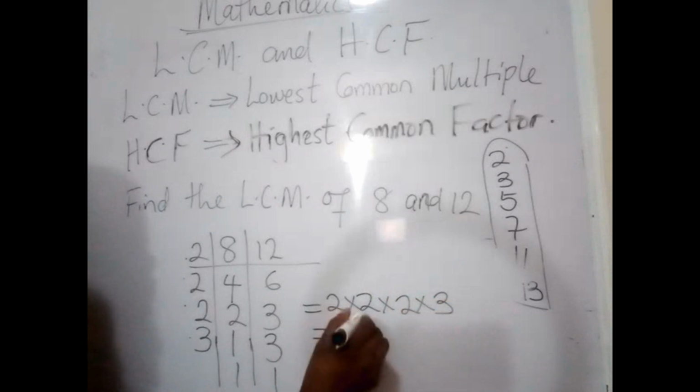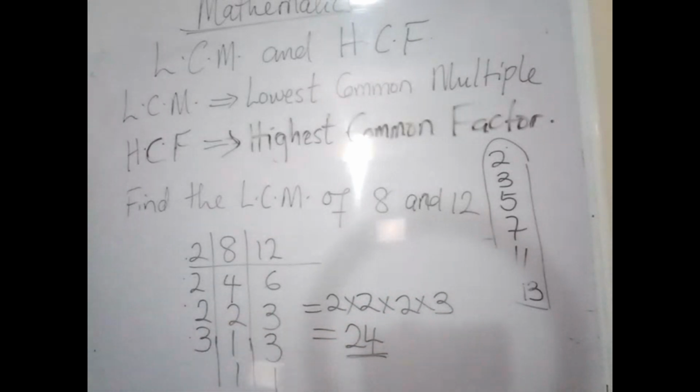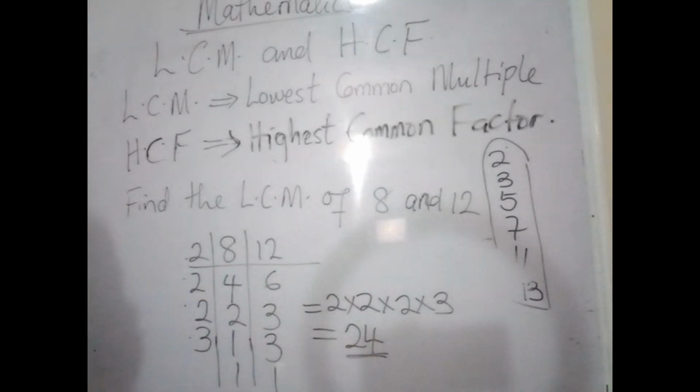So we have 2 times 2 is 4, times 2 is 8, times 3 is 24. You remember when we used the prime factorization method to find the LCM of these two numbers, 8 and 12, we got 24. Okay, so that's what we still got.